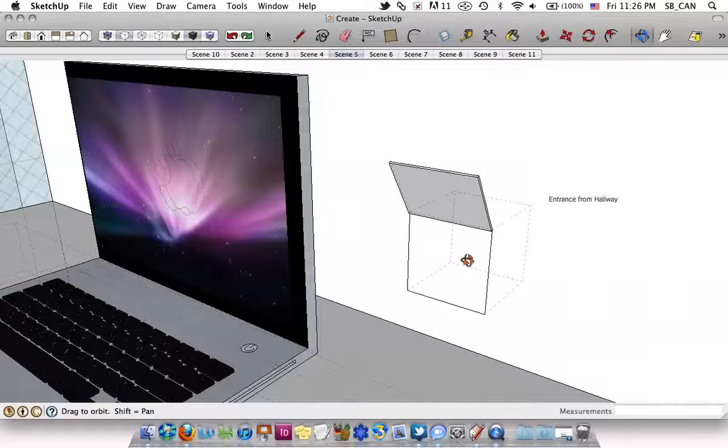This is just for concern of neatness and tidiness and of the use of the room.